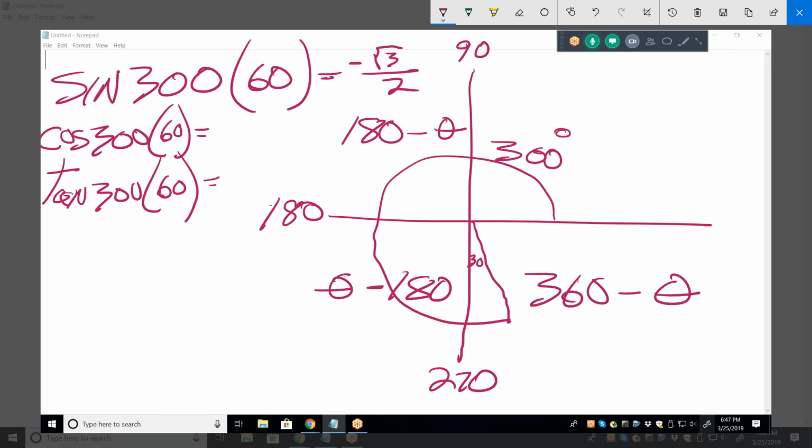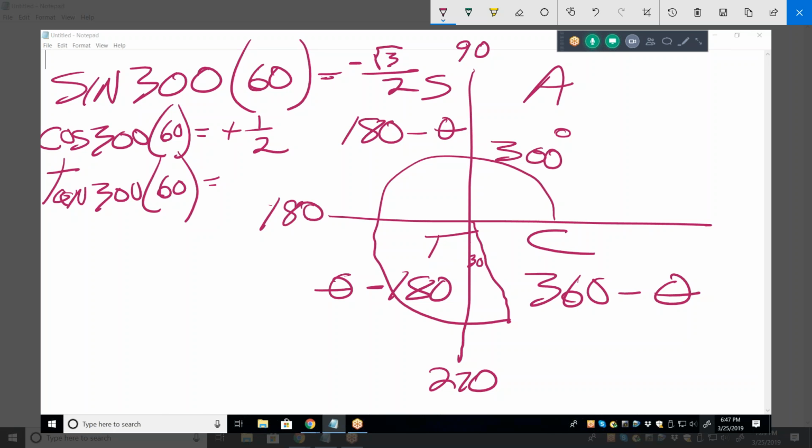What's cosine of 60? Cosine of 60 is 1/2. What's its plus or minus sign? It's negative. No, it's positive. All students take calculus. So it's plus tangent of 60.